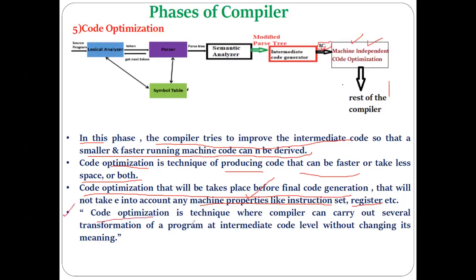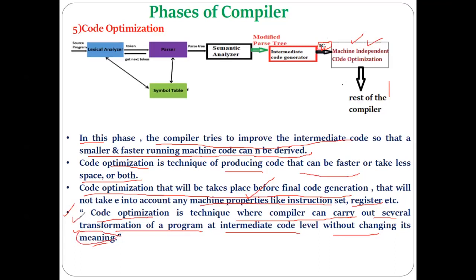Code optimization is a technique where the compiler can carry out several transformations of a program at an intermediate level without changing its meaning. It is a technique performed by the compiler, which makes several transformations or changes on your intermediate code program, and those changes are done without changing the final meaning of the program.